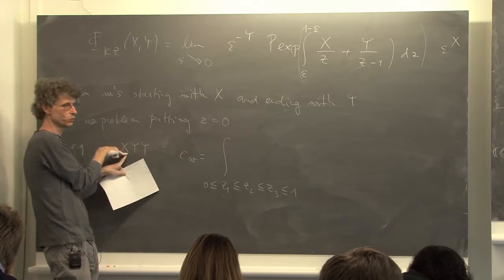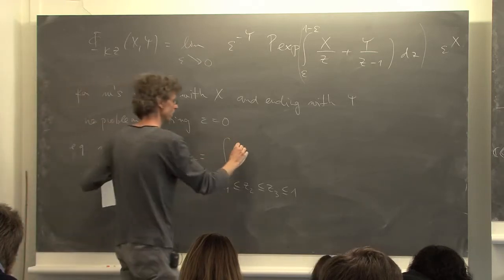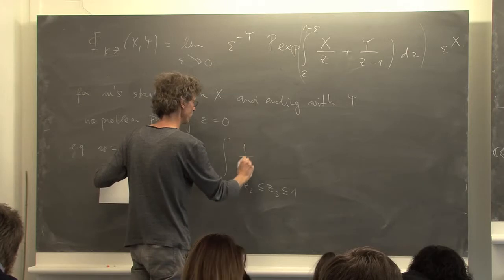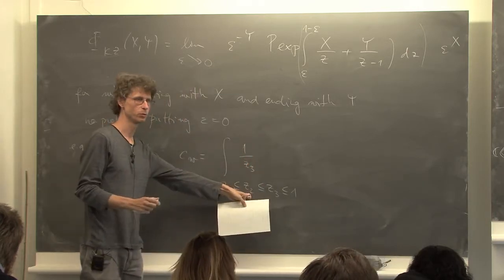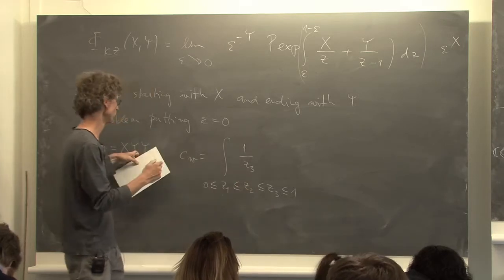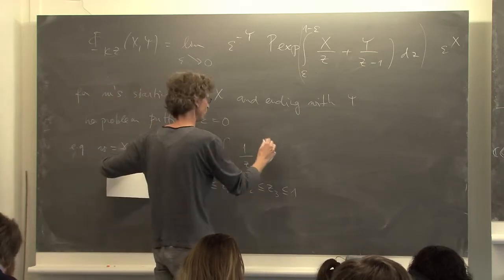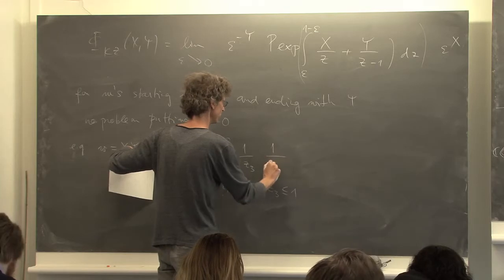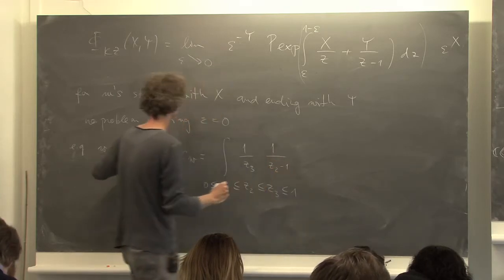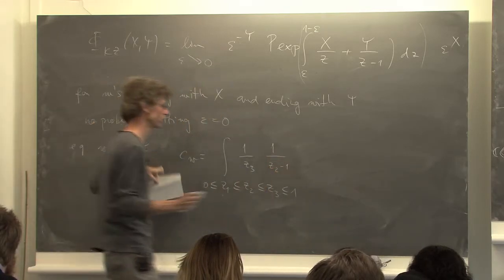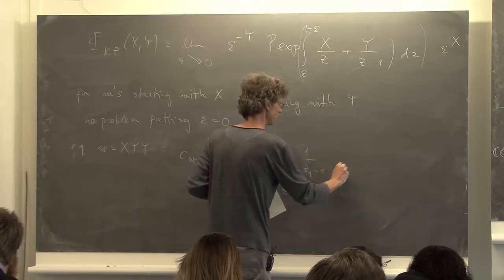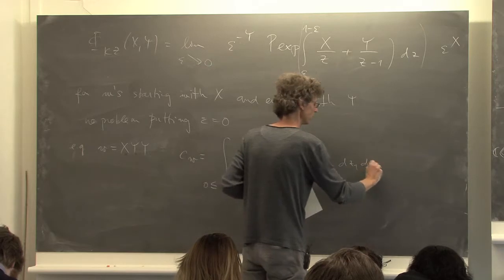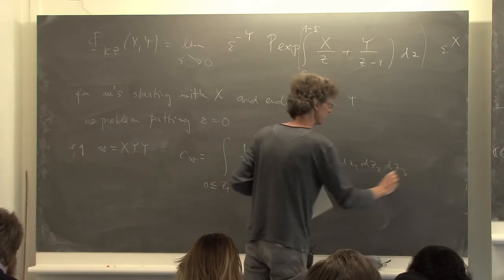So the last one that we're meeting is x. That's why there is 1 over z3. The one that intervenes before, there's z2, that's going to y, so it's 1 over z2 minus 1. And then there is another y, which gives you 1 over z1 minus 1, dz1, dz2, dz3.